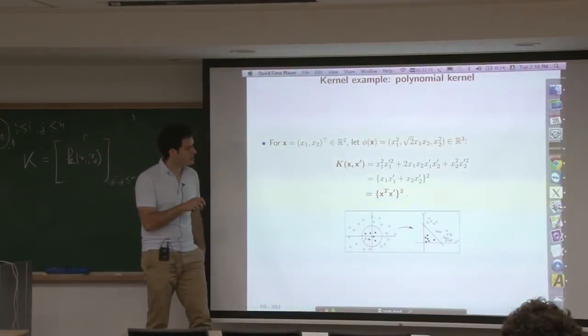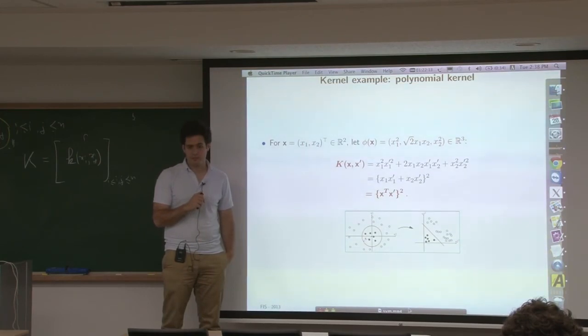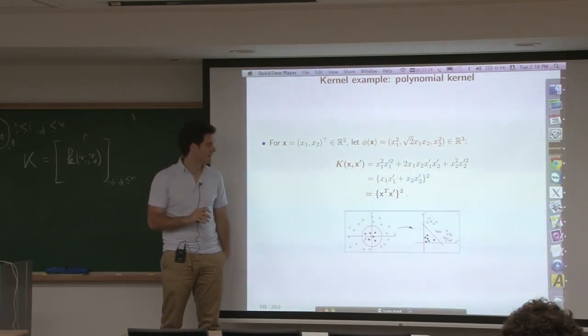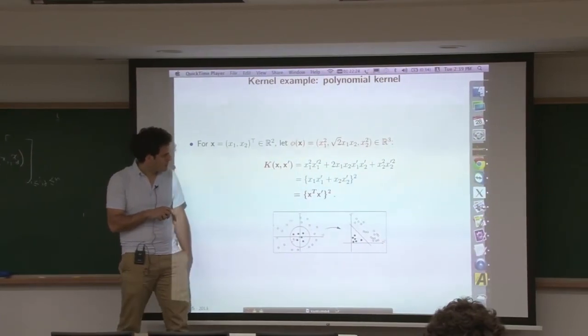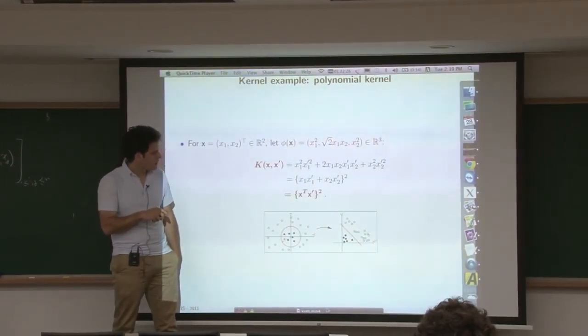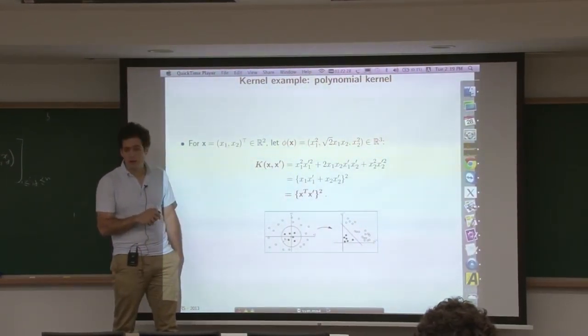Suppose I have points x1 and x2 in the plane, and suppose that my feature map, phi of x, goes to R3. This feature map is a bit tricky: x1 square, square root of 2 x1 x2, and x2 square.